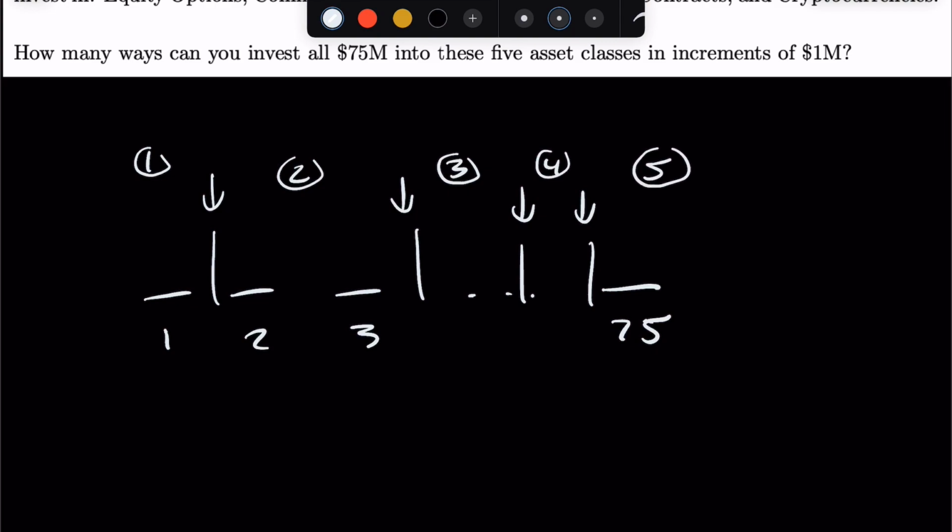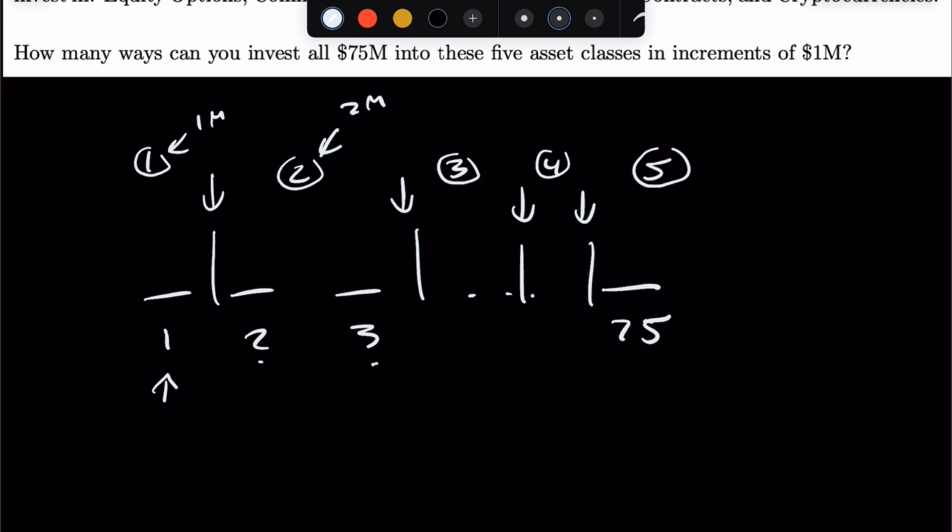In this case, to asset class number 1, we've allocated exactly 1 million. For the second one, we have 1, 2, so this asset class gets 2 million.